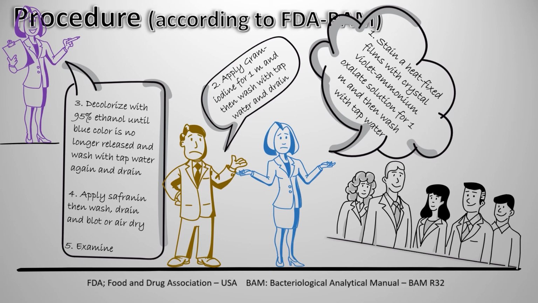Number one, when you prepare your sample and have heat-fixed films, you just flood it with crystal violet for 1 minute, and then wash with tap water. The second, you apply Gram's iodine for 1 minute, then wash it with tap water again and drain it.